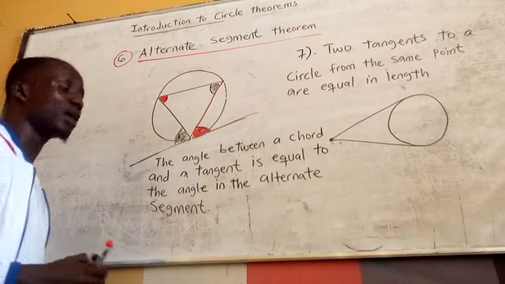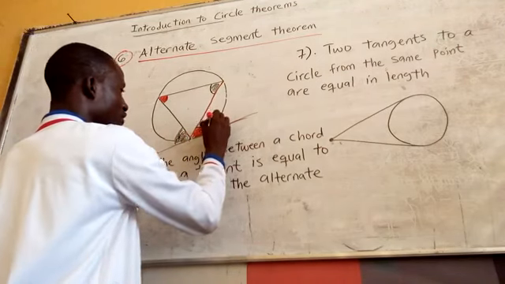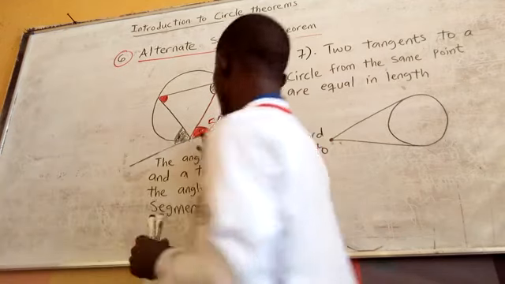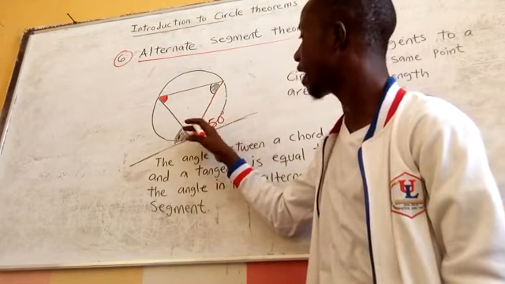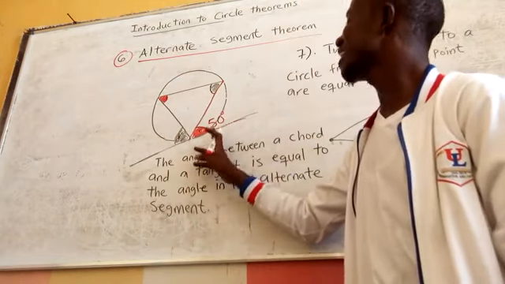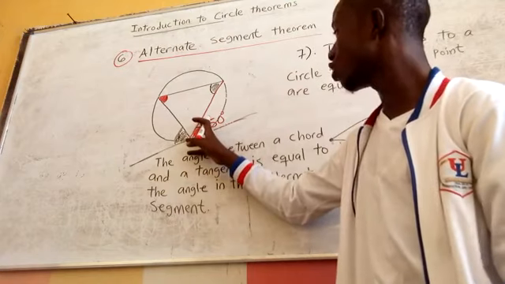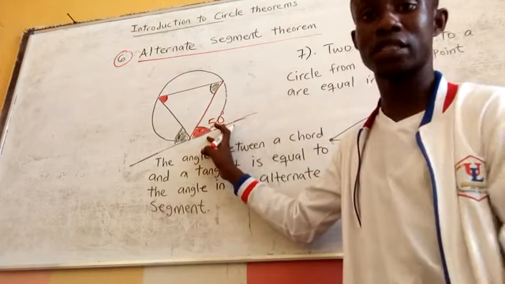So now, to make life easier for you, let me place a 50 degrees here. If here is 50 degrees, it means that the 50 degrees should be equal to the angle in the alternate segment, because the 50 degrees lies between the tangent line and the chord. So therefore, it must be equal to the angle in the alternate segment.